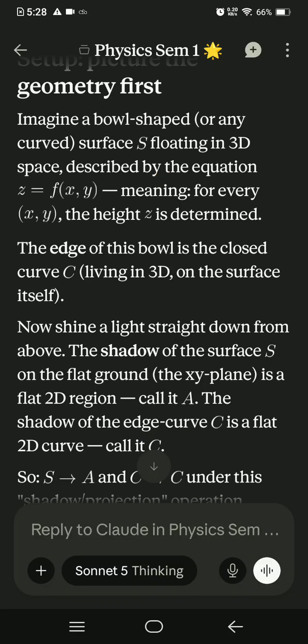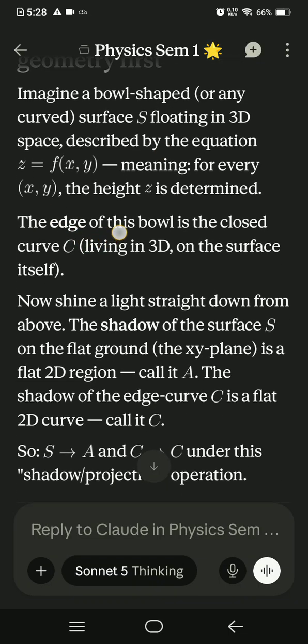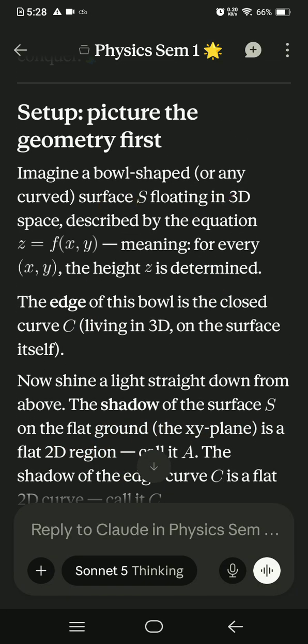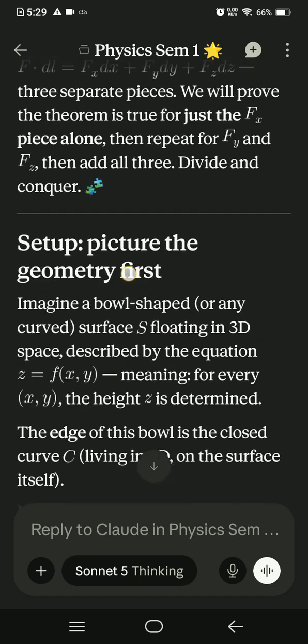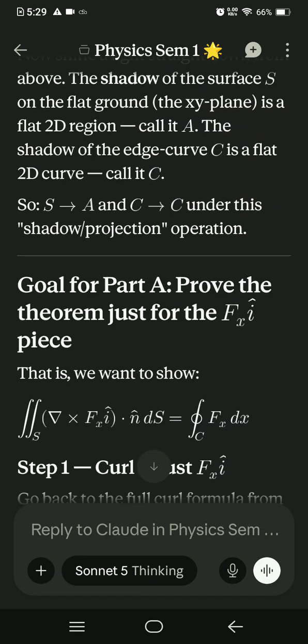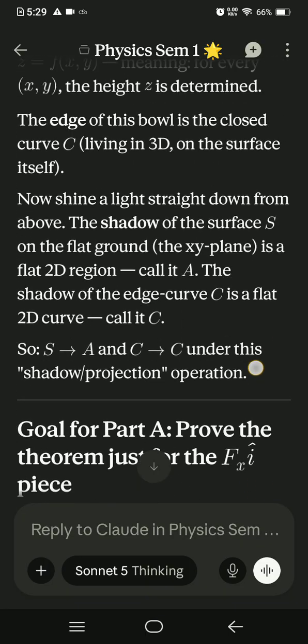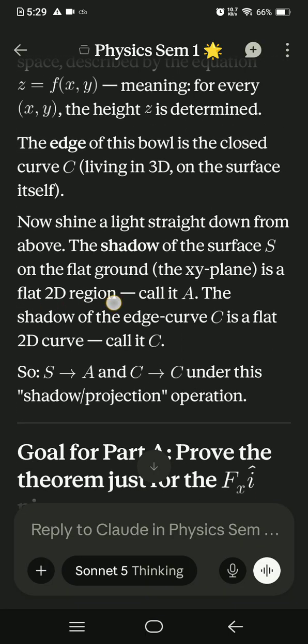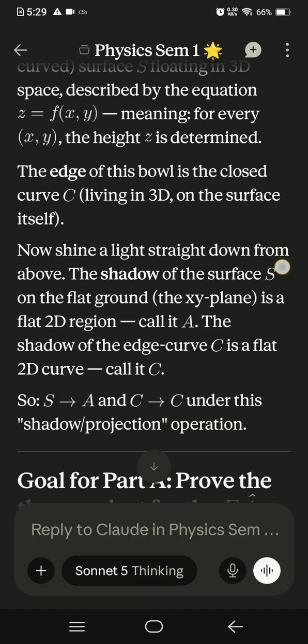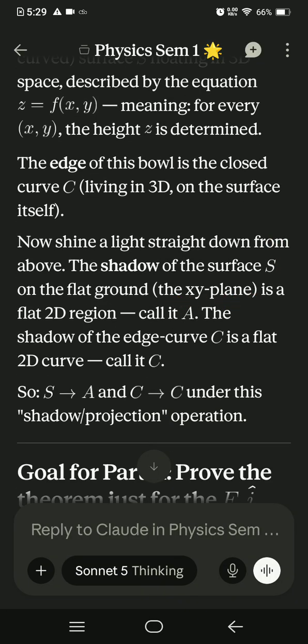We are taking a 3D surface floating in 3D. Then we are putting light onto it to get a shadow in the xy plane, right? To get a 2D shadow, a 2D region in the xy plane.